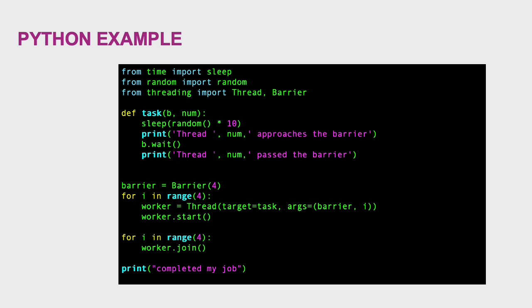We set this number of threads to 4. Then we create and start 4 threads, and the main waits for the termination of all 4 threads we created. So something very, very simple.